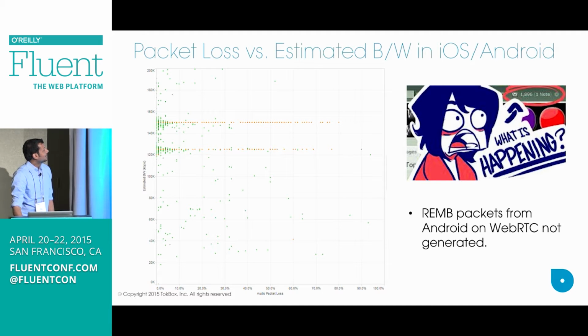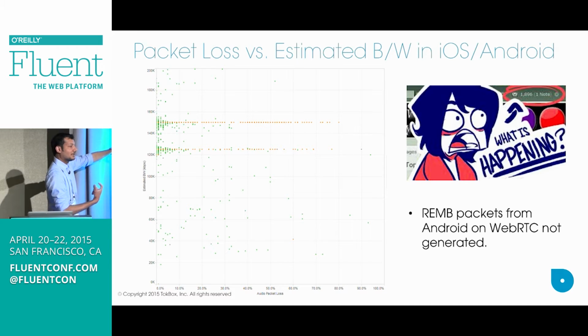And here's a similar graph for packet loss. The green dots are basically estimated bandwidth from the client device relative to your packet loss on iOS, and the orange ones are from Android. You can see those constant lines in Android, which basically means bandwidth estimation is completely broken, right?